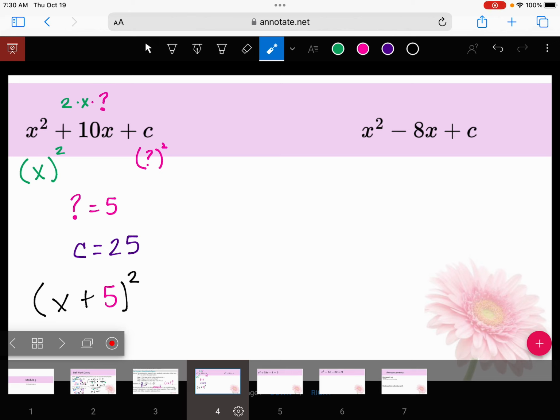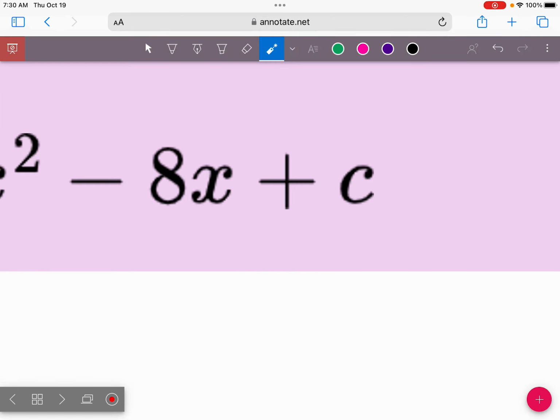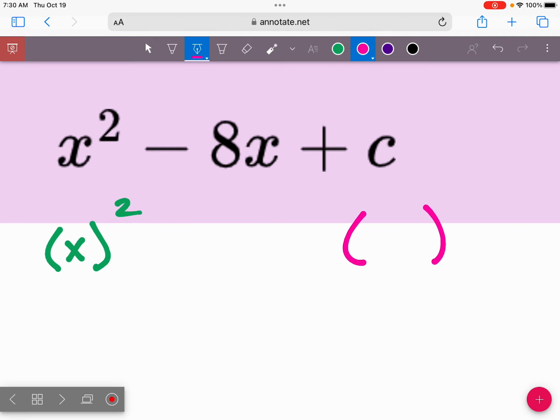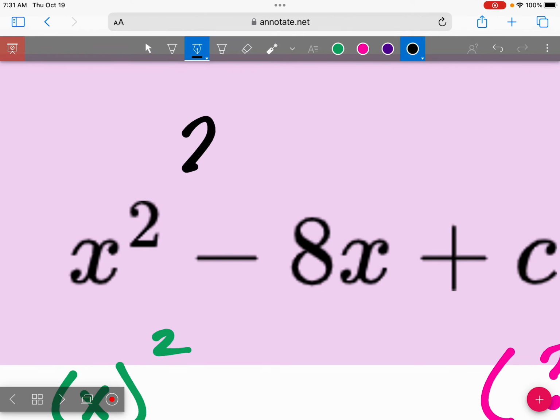We're going to do the same thing on this second one over here. I know that my front term is going to be an x. C is something squared. And my middle term should be made of 2 times my x in the front times that something.